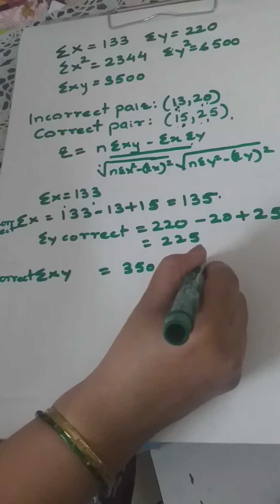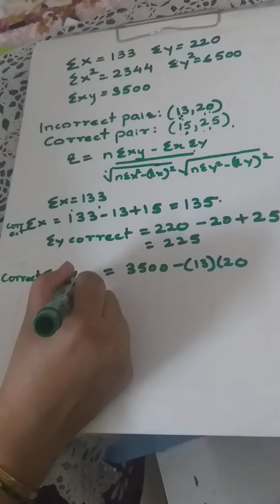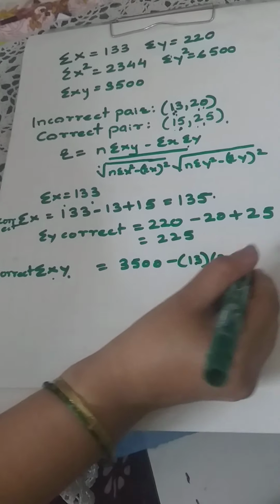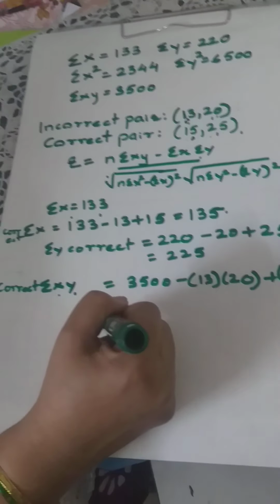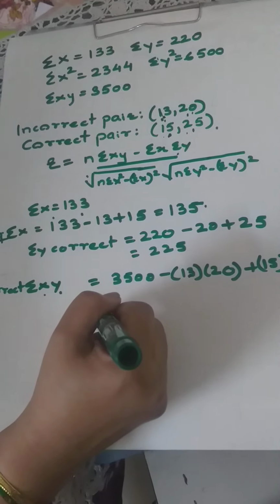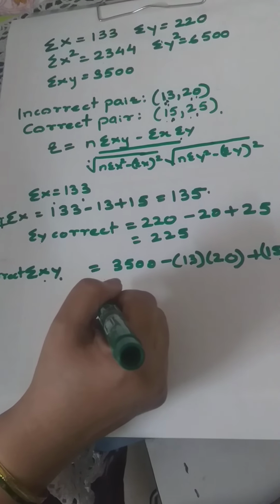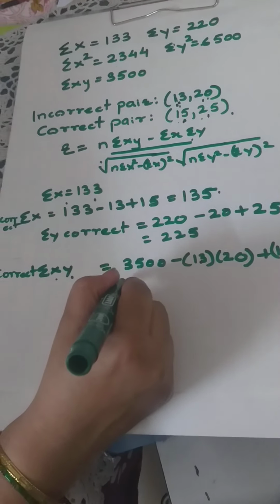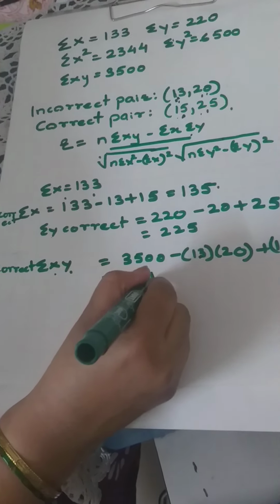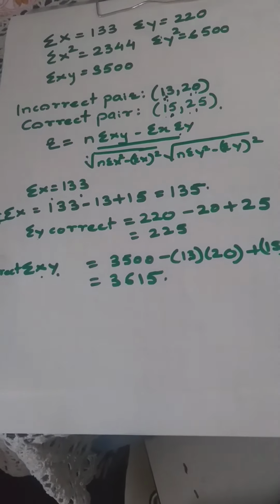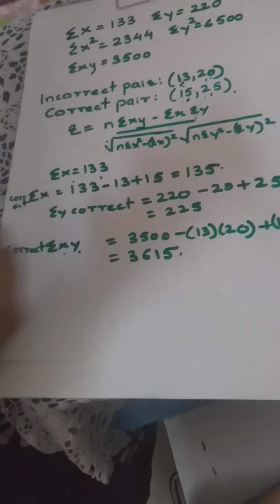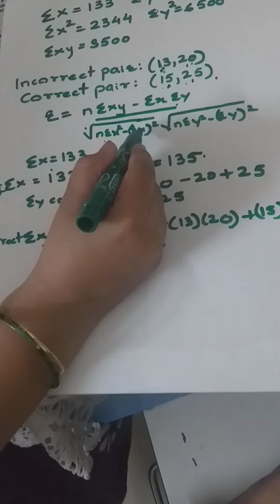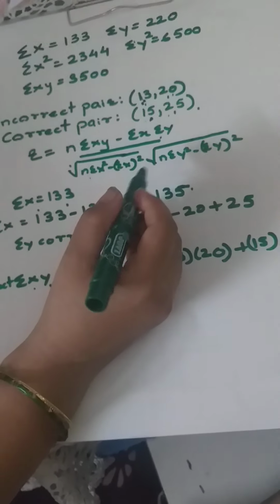So I will multiply 13 and 20 because it is summation xy, and then add 15 into 25. So when I do it like this, if I use my calculator, I get this value to be 3615. Similarly, the other components I can find out like summation x square and summation y square.